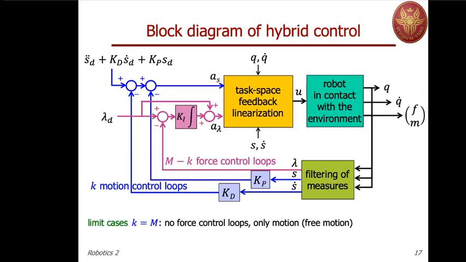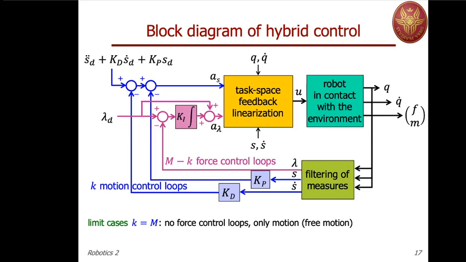Now, this block diagram is quite general because there are limit cases. For instance, if K is equal to M or 6, then there will be no force control loop. There will be only motion involved, and this is just the parametrization of the free motion. So this type of control or block diagram applies, for instance, to Cartesian space feedback linearization.